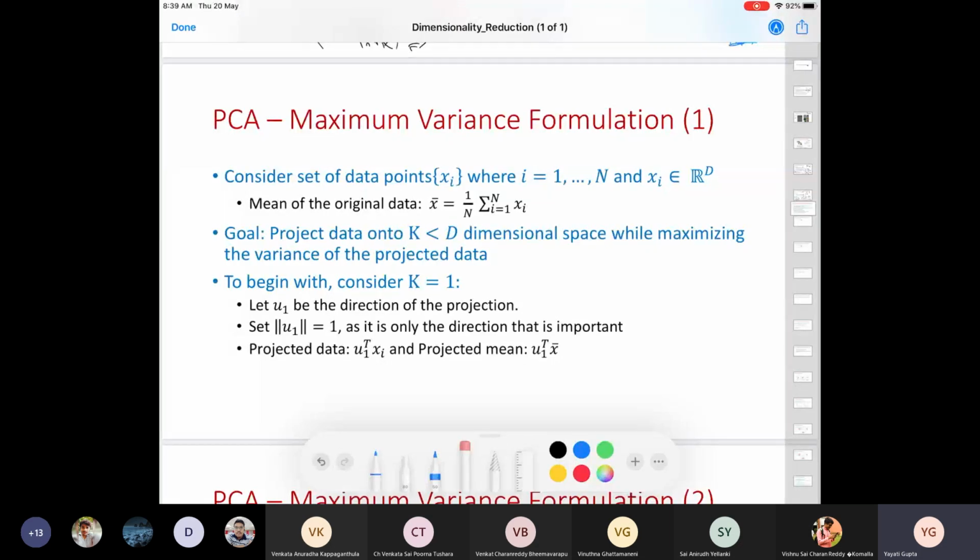So let me just begin with this. I hope that everyone knows how to compute the mean. You sum up all the individual entities and divide it by the cardinality, basically the number of rows.